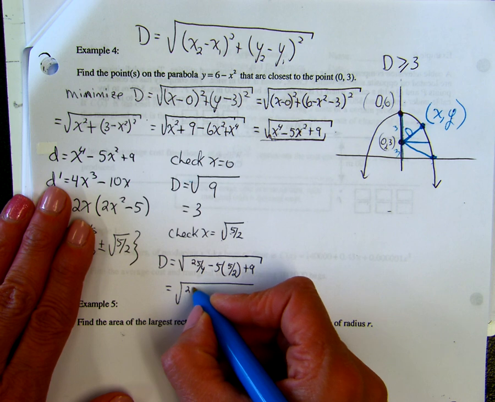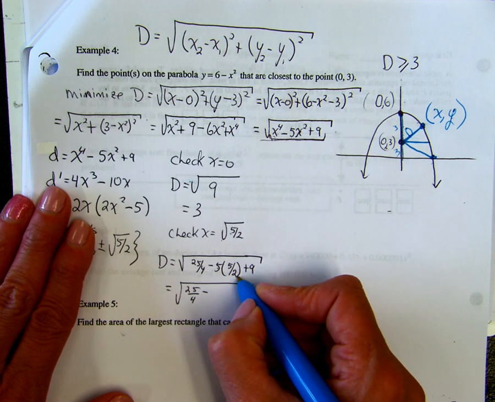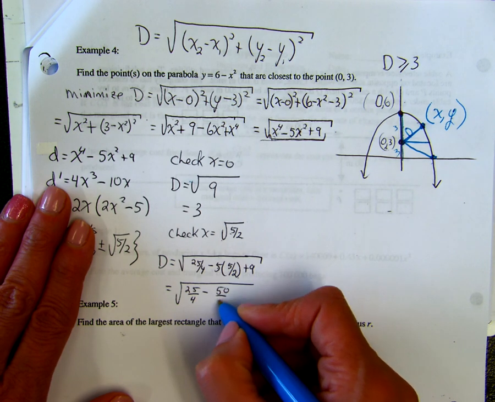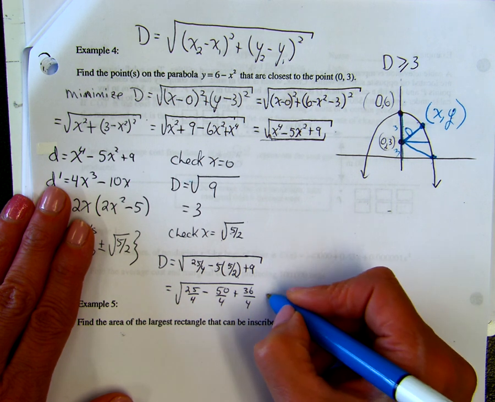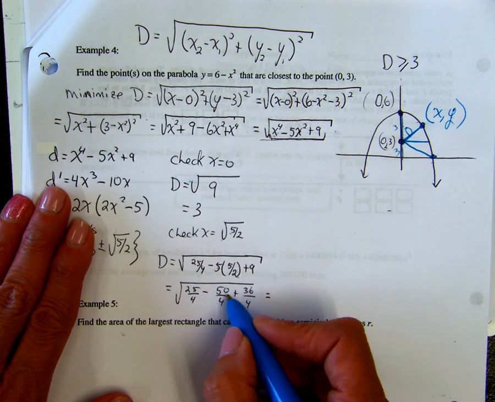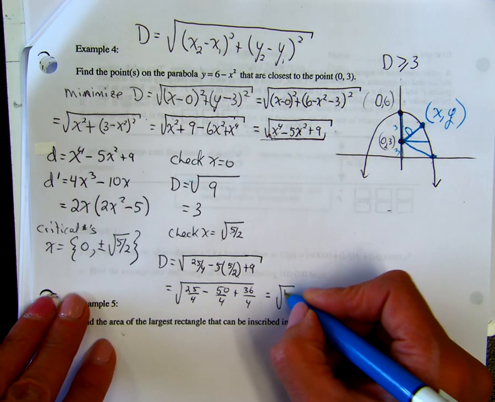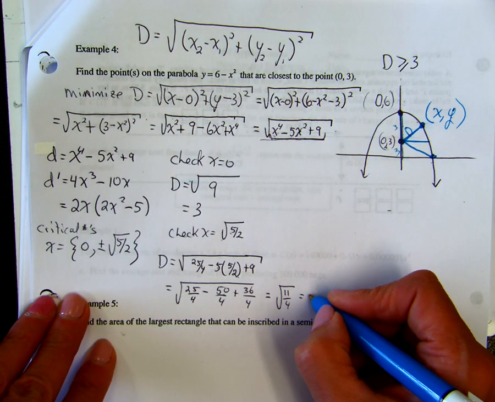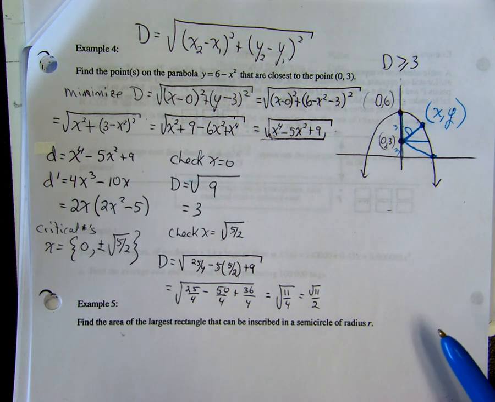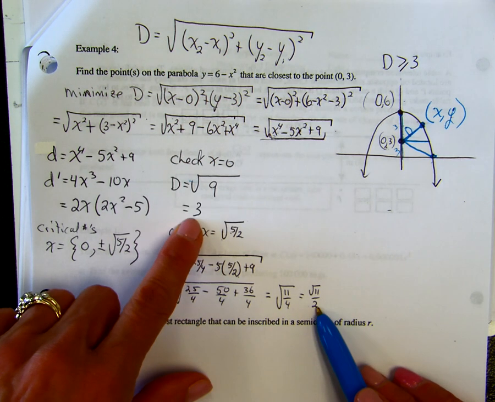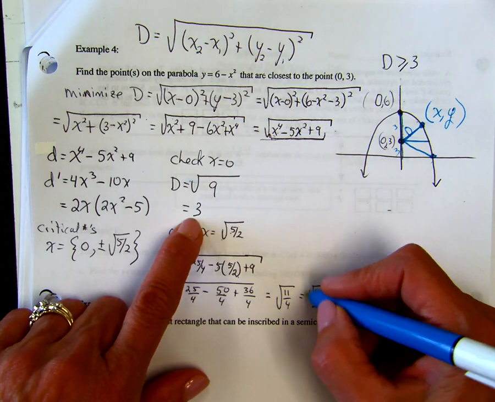I've got 25 over 4 minus 25 over 2, which would be 50 over 4, plus 36 over 4, which gives me 25 minus 50, negative 25 plus 36, square root of 11 over 4, or root 11 over 2. So trying to minimize the distance, which is bigger, root 11 over 2 or 3? This is the smaller one.